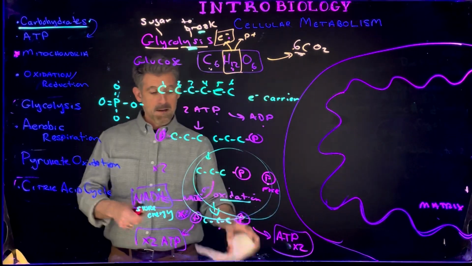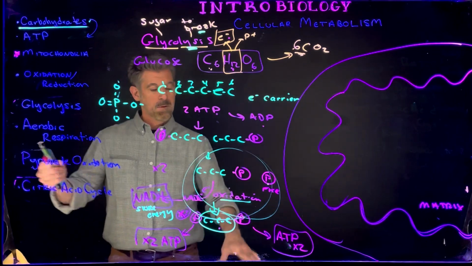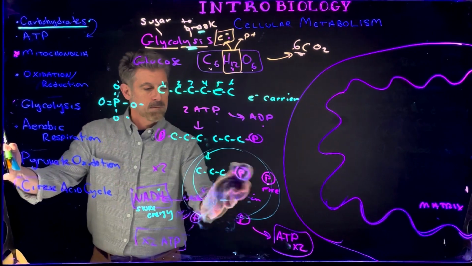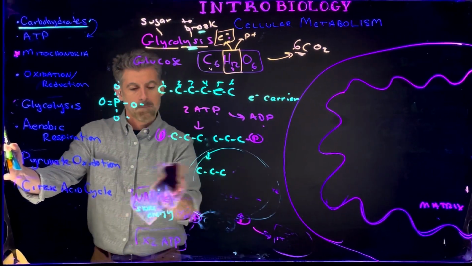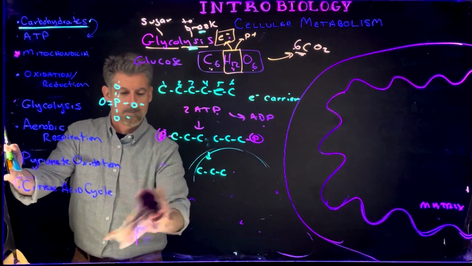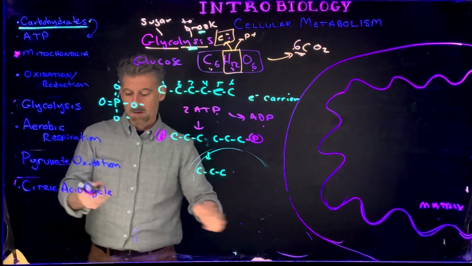At the end of this process, I'm going to end this here because we run out of space and all. We're going to have just a 3-carbon molecule. So I'm going to erase everything else but that right now.